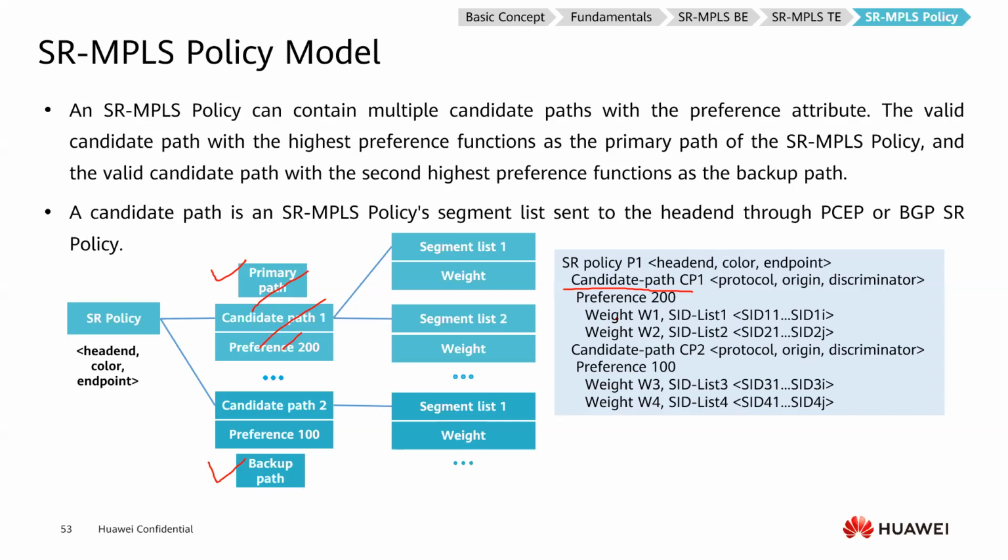Inside a candidate path, we can have multiple segment lists. If we choose the primary path, we can choose one segment list, or all the segment lists based on the weight. If the weight is the same, we will do load balancing. Okay, so let's continue.